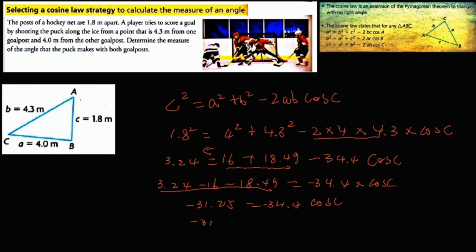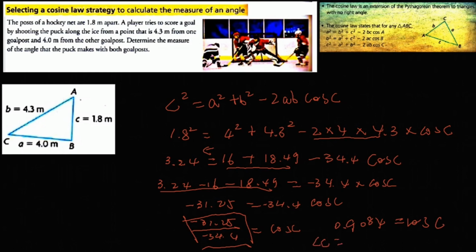So negative 31.25 over negative 34.4 equals cosine C. This division equals 0.9084, equals cosine C. So angle C equals inverse cosine of 0.9084, which equals 24.7 degrees.